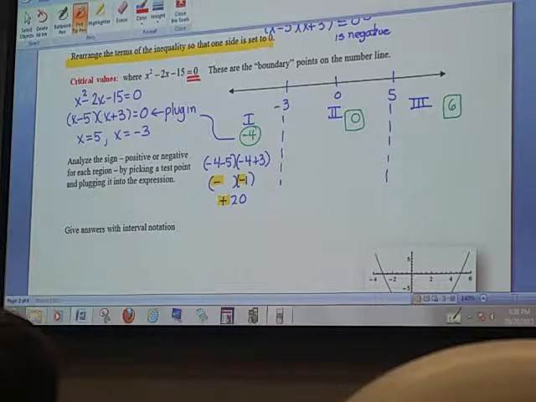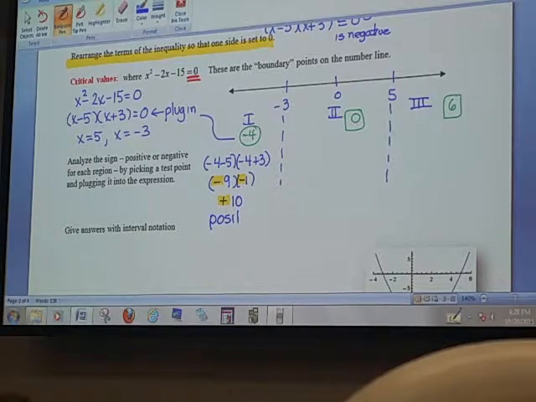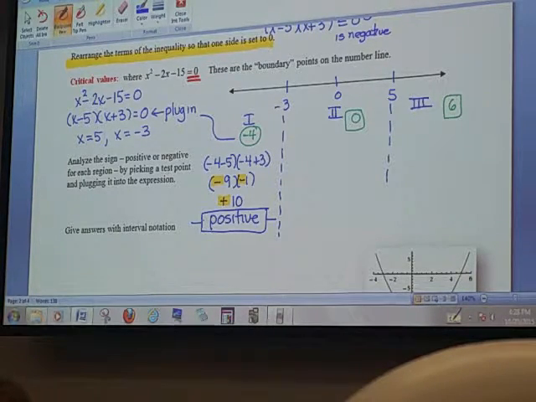Like I said, that's why I'm not paying attention to the number. Okay, so that means for every number I would plug in that region, I would still get a positive answer. All different answers, but it would be positive.